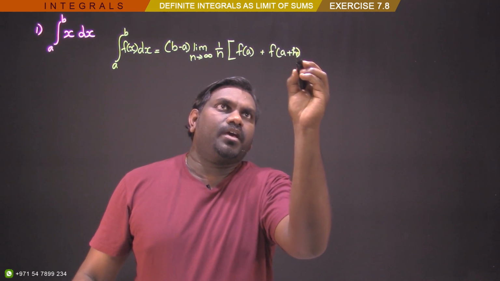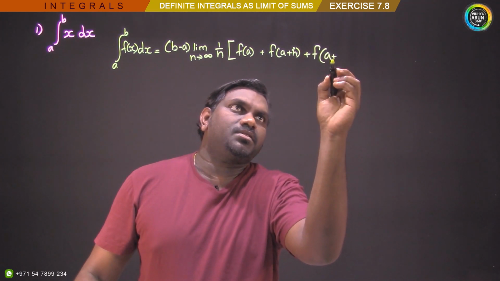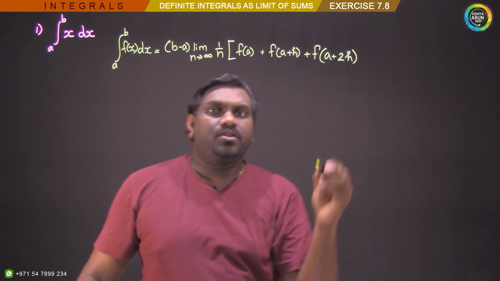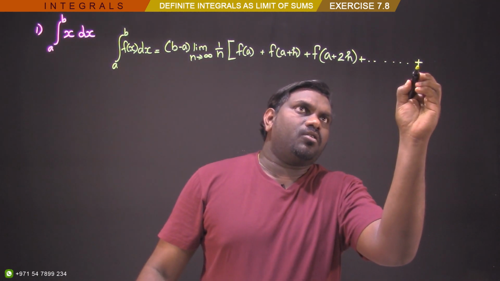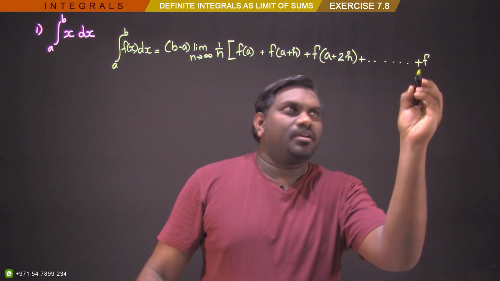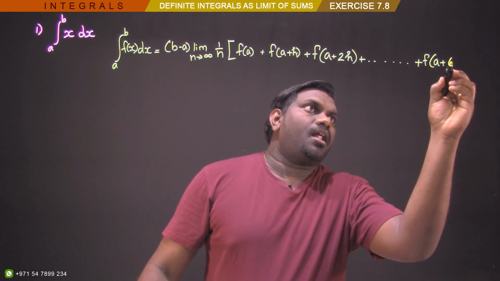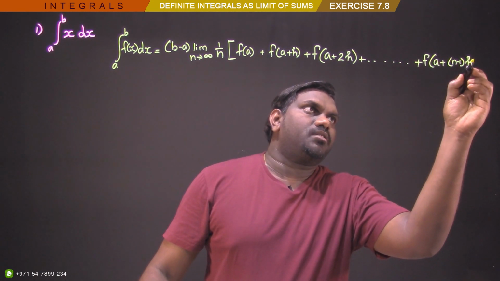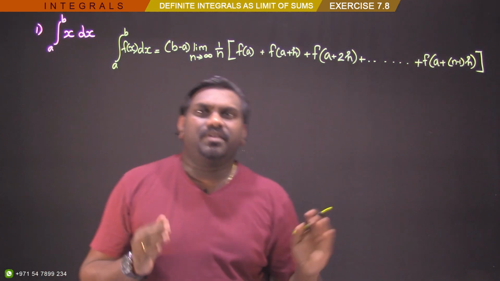Then plus you have the third one, f of a plus 2h, and it goes on and on and on, up to f of a plus n minus 1 h, dear. This is the formula we have, dear.